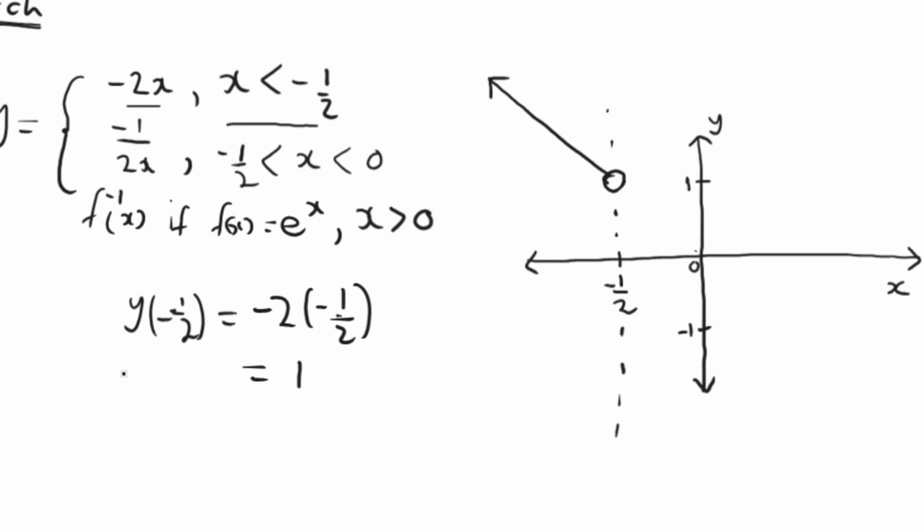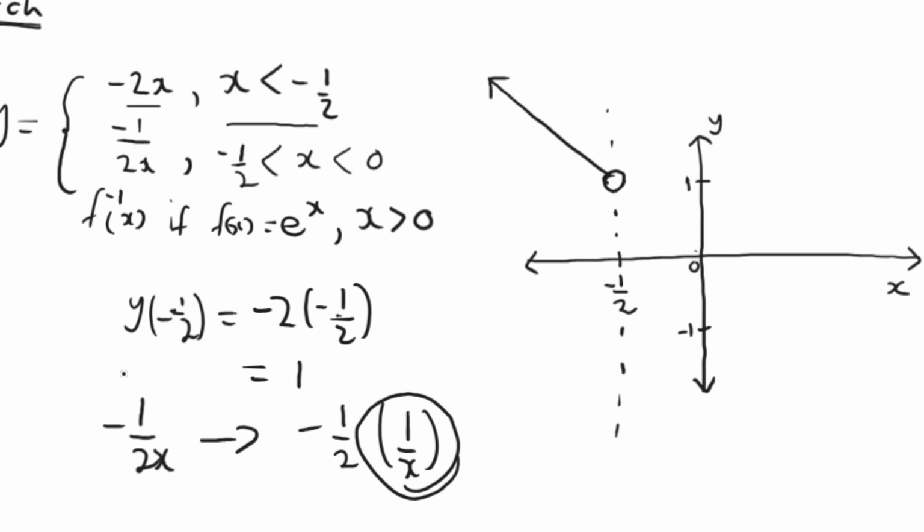Now, let's go to the right of minus 1 over 2 up until we get to 0. What's happening there? We want to sketch the function that is minus 1 over 2x. This function is the same as minus 1 over 2 multiplied by 1 over x. And this one here, from high school, you know, it's a hyperbola. It's a hyperbolic function.